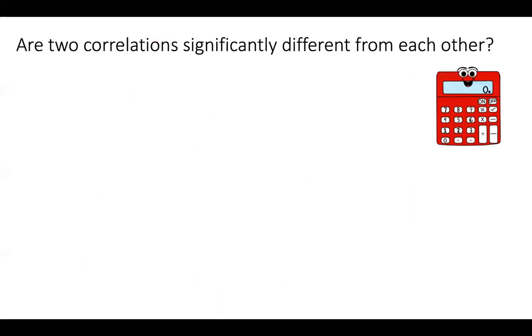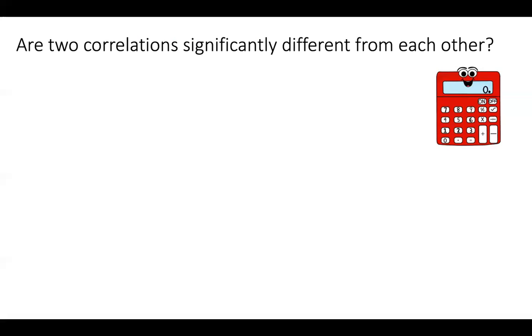So another topic that we will learn how to do next week, that's very important, is the question of not only whether a correlation coefficient is significantly different from 0, but also whether two correlation coefficients are significantly different from each other.